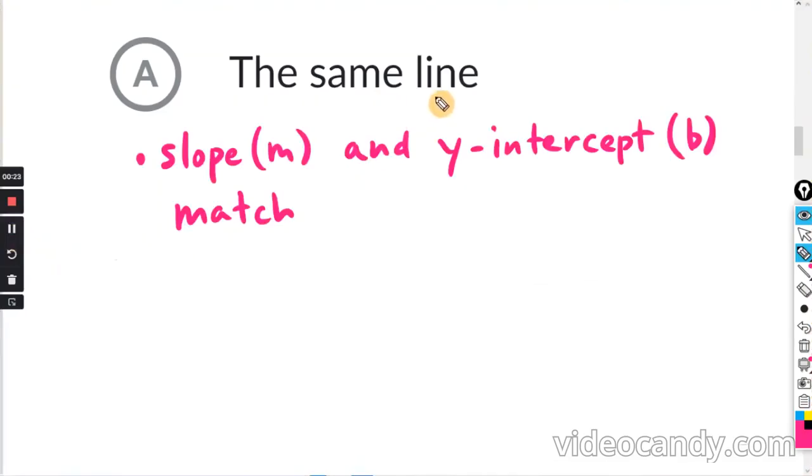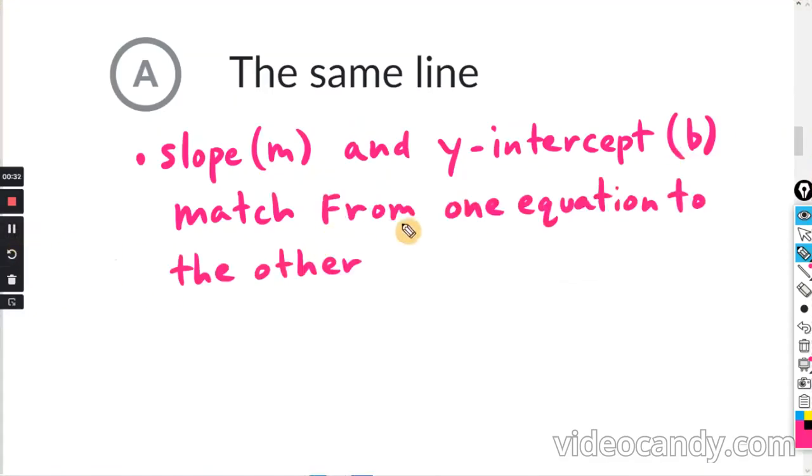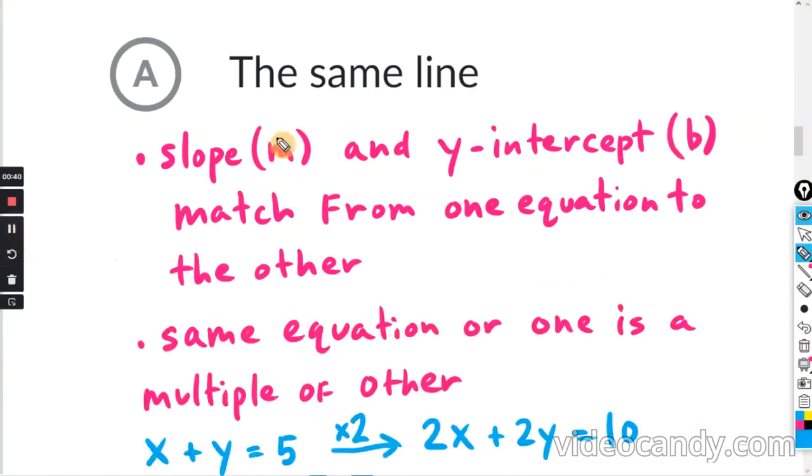So if the two equations represent the same line, the slope m and the y-intercept b match from one equation to the other. Okay, so you'll have two equations and the slopes are the same and the y-intercepts are the same. So if it's the same line, you're going to have the same equation twice, or one equation is a multiple of the other.